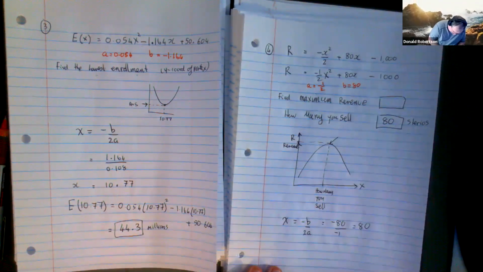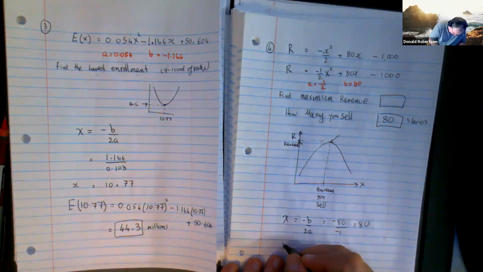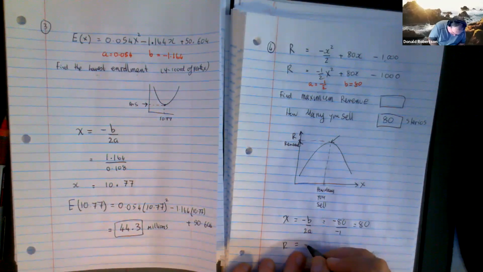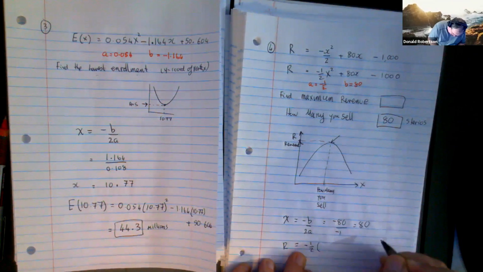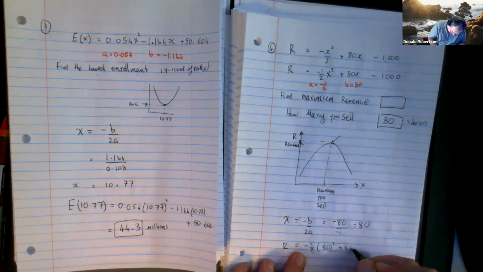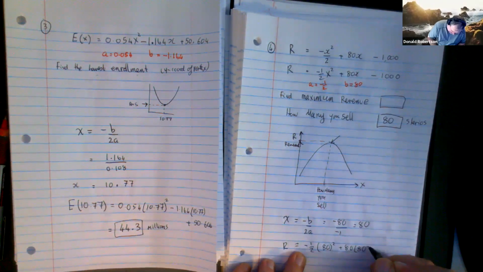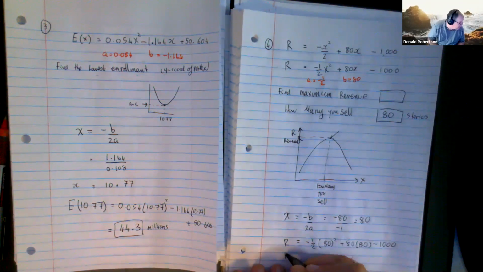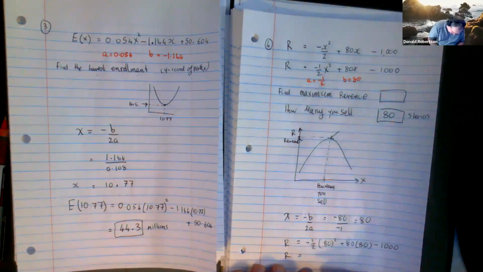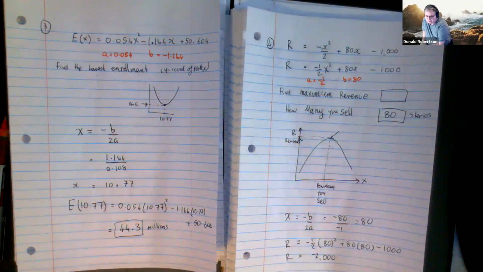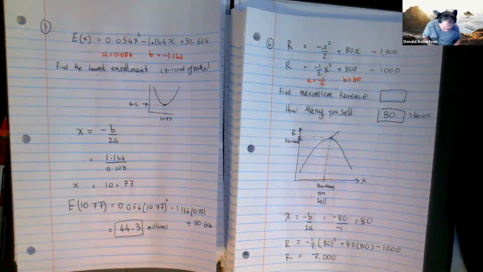And what we would call the y value, in this case it's called the r value, is negative 1/2 this guy squared plus 80 times this guy minus 1,000. And the answer that you get ends up being 7,000. You can check it, but that's what WebAssign says.